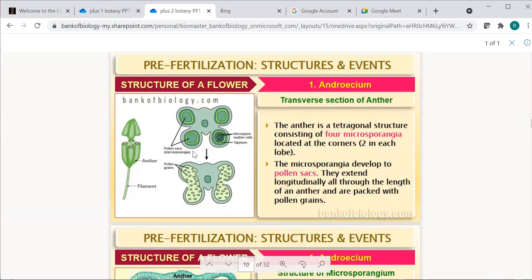In total, it has four microsporangia located at the corners. The anther is tetragonal, a four-cornered structure consisting of four microsporangia located at the corners. 1, 2, 3, 4. Two in each lobe. This is one lobe, this is the other lobe. And both the lobes are connected by a tissue known as, what is the name?